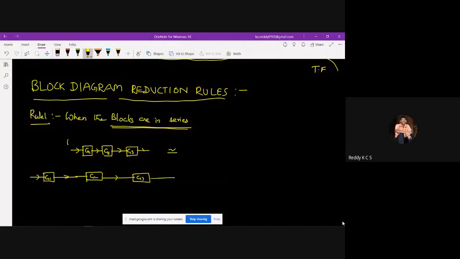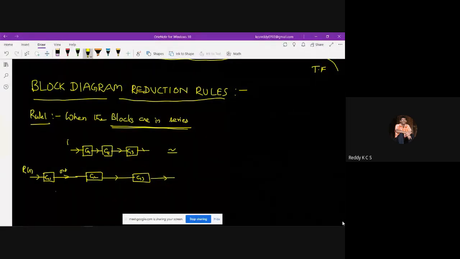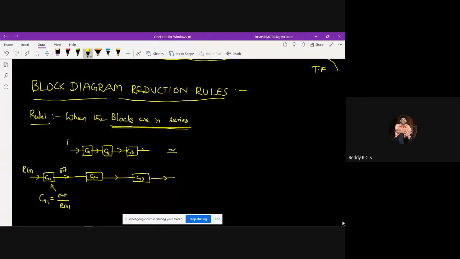This is R of S, and this is the output of the first block. Transfer function G1 is the output by R of S, so the output value is R of S into G1.